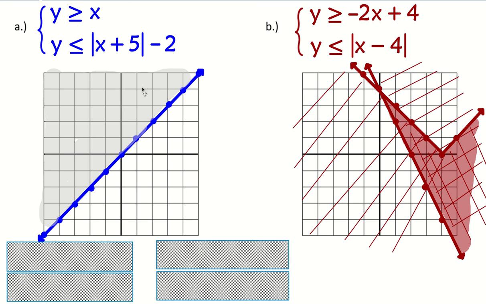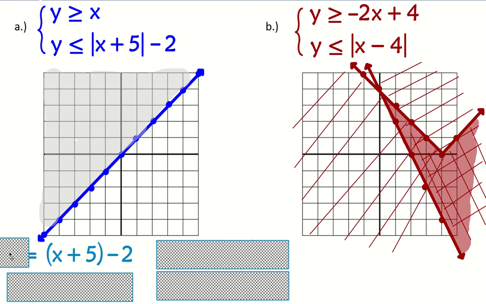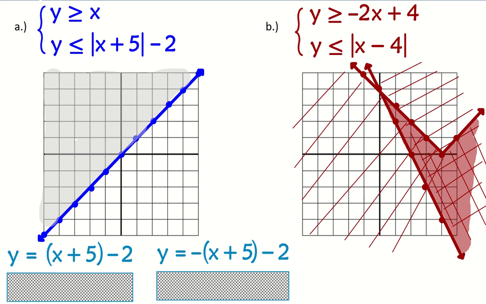You pretty much need to do the two separate cases that are going to make your two separate lines that form an x. Remember this? The x method, the two lines method, that ultimately is going to be a V, because you're going to go with either the upper half of the x or the lower half of your x, whichever one makes sense according to the situation.